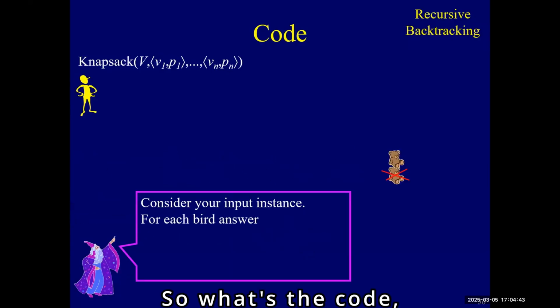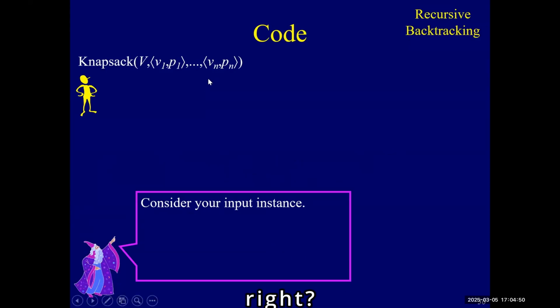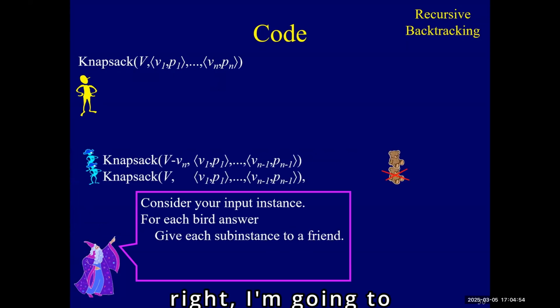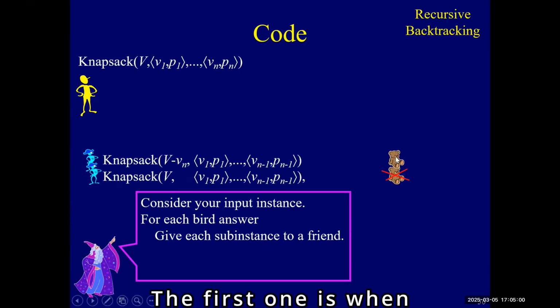So what's the code? I'm given a knapsack with these objects. And for each bird answer, I'm going to have a subinstance. The first one is when she says, take the bear, I make the knapsack smaller. And when I don't take the bear, I don't make the knapsack smaller. But either way, the bear's gone.